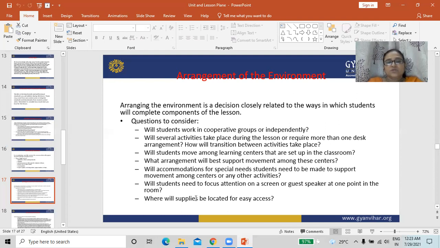Will students need to focus attention on a screen or guest speaker at one point in the room?